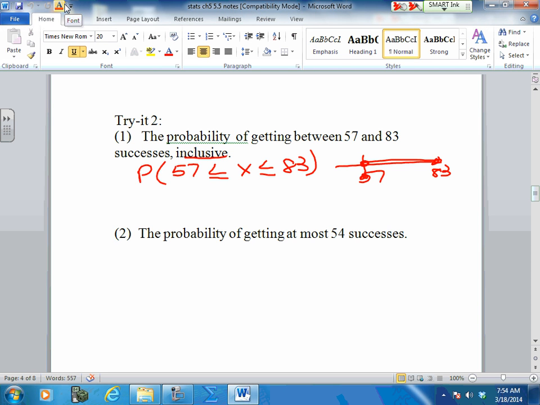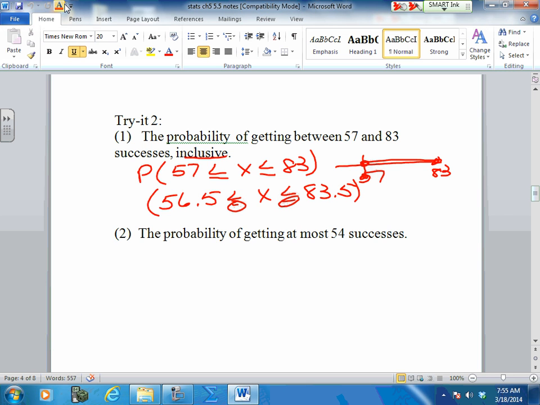Elvis, lower end. 56.5, good. Heather, upper end. 83.5. Now, whether you put the equal signs or not, it really doesn't matter because you'll never hit the equal sign when you're doing your actual binomial probabilities, your discrete probabilities. So we drop the lower end 0.5, we raise the upper end 0.5.